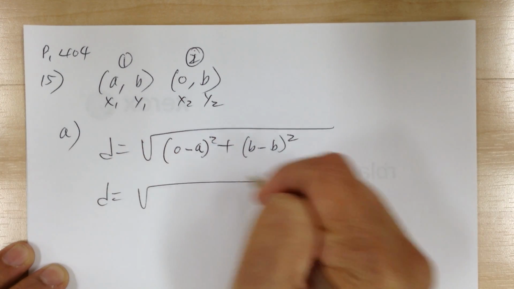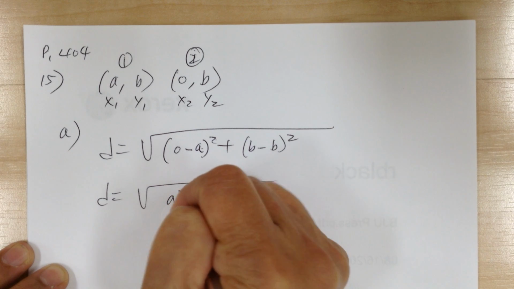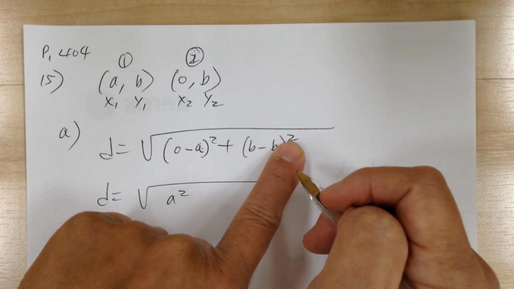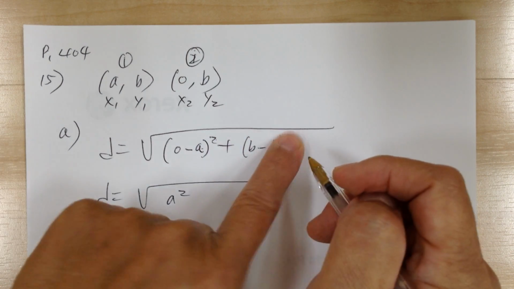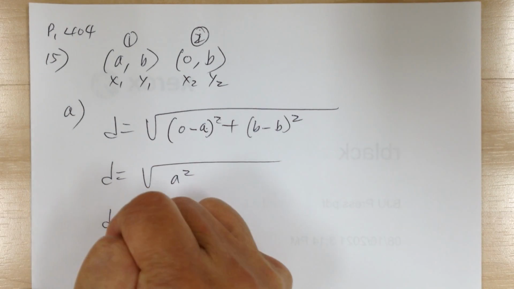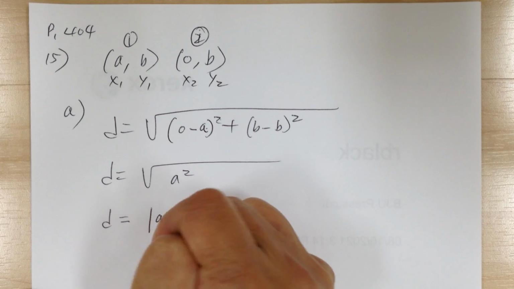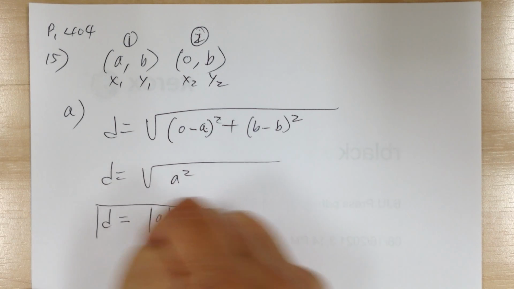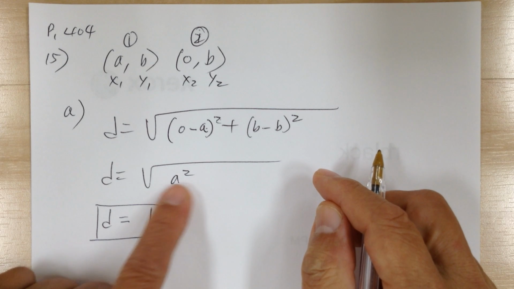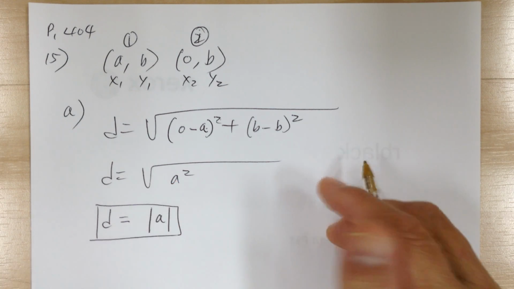So this one, negative A squared gives you A squared. B minus B is 0 and cancels, and 0 squared is 0. And so D will equal the square root of A squared. Now, when you have this, you have to make sure it's positive, so you have to take the absolute value. Again, when you have the square inside, you have to take the absolute value.